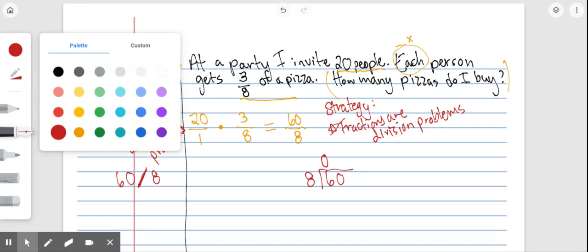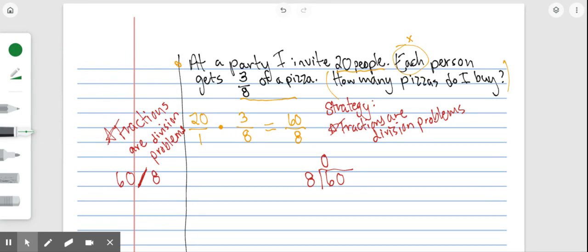In fact, you know what? I'm not super solid on my 8s, so I'm just going to write them over here. I go 8, 16, 24, 32, 40, 48, 56, 64. Okay, so I stopped here because 64 is bigger than 60 and 56 is less than 60.